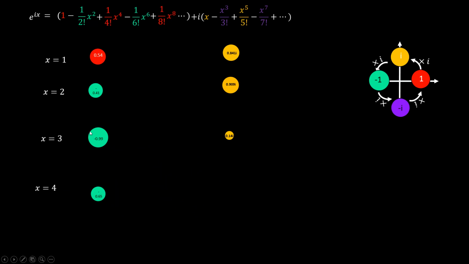Sometimes green dominates, sometimes red dominates, sometimes yellow, sometimes purple. As we keep increasing x, the dominant role keeps switching in a harmonic way, resulting in oscillation between two elements. What this means is we would observe a harmonic transition between the two offsetting elements.